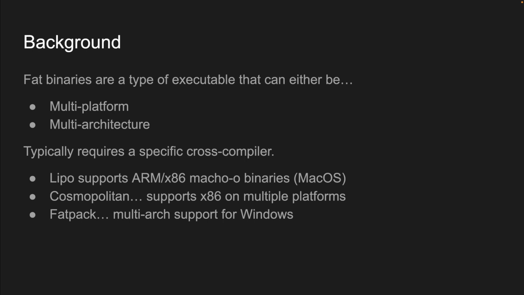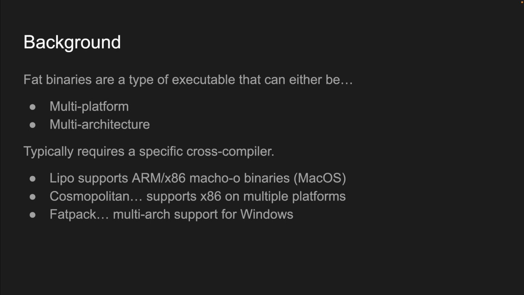And a little more background. Fat binaries are a type of executable that can be either multi-platform or multi-architecture. That would be with a specific cross-compiler, which we'll be discussing as part of the data collection and analysis of this research. You have LIPO, which supports ARM and x86 Mach-O binaries for macOS.